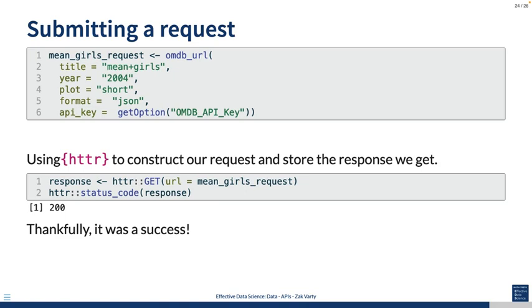Wonderfully, we've got a status code of 200 here, which indicates that our request was successful. And if you get a 401 error code here, if you try and replicate this yourself, check that you've clicked the activation link to your API key. This is an example of how knowing error codes can be quite helpful in debugging your API process.